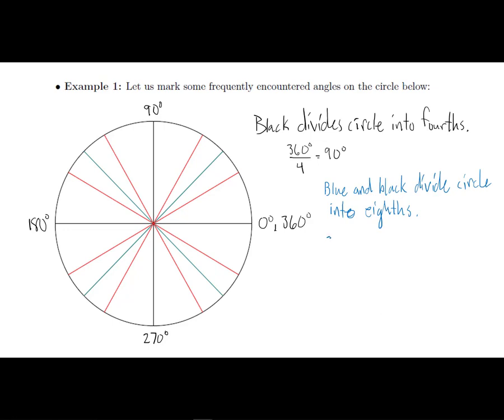So with that idea, let's take our 360 degrees and divide it by 8. And when I do that, I get 45 degrees. So what that means is that every time I hit a blue or a black, I've gone 45 degrees.